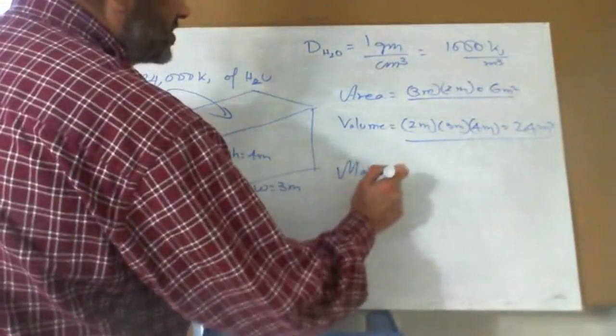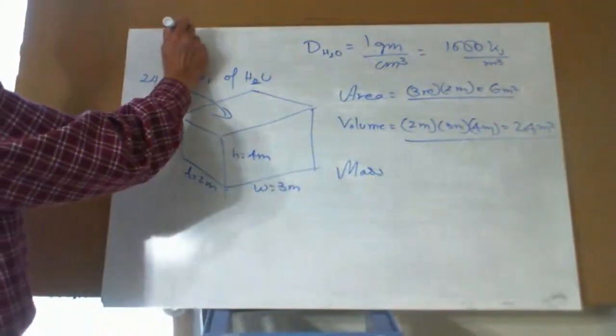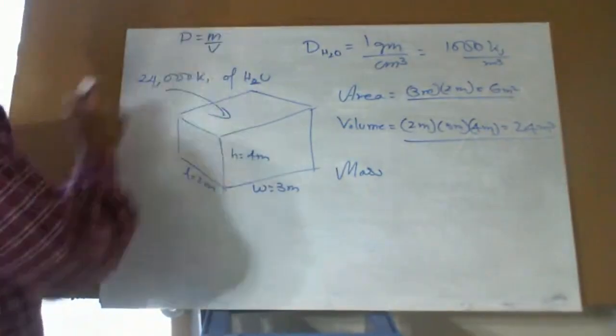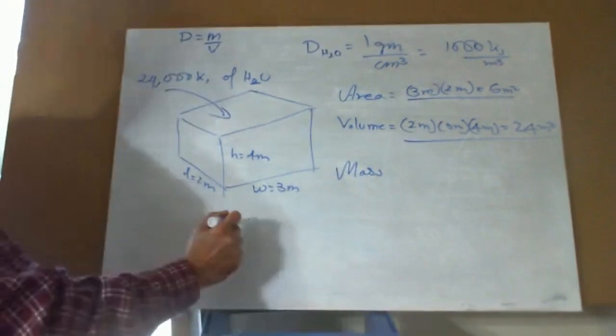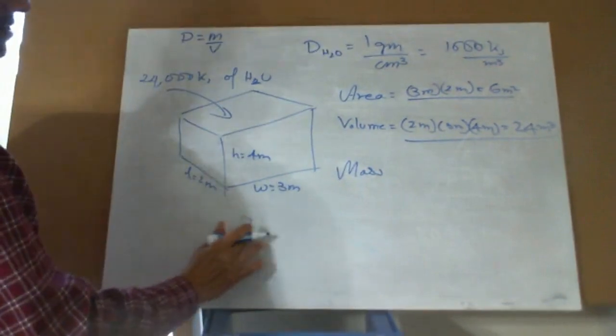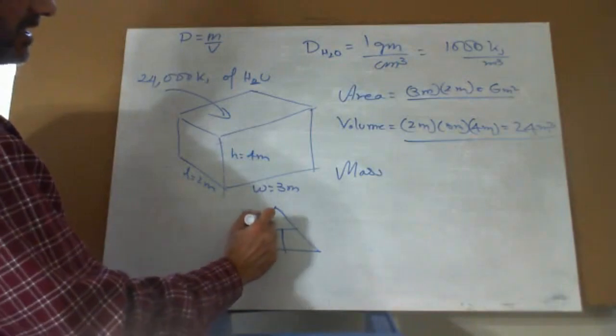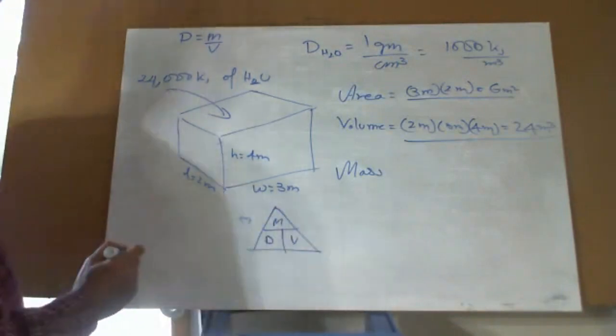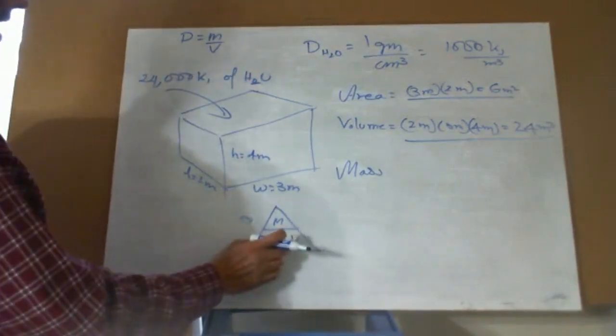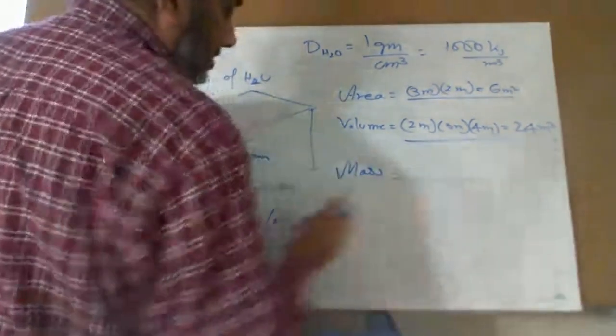Mass is 24,000. You can actually find it from the density. Remember, density is equal to mass over volume, right? Let me write it here. So if I put that triangle, this is density is equal to mass over volume. If I know the density and I know the volume, I can find the mass, right?